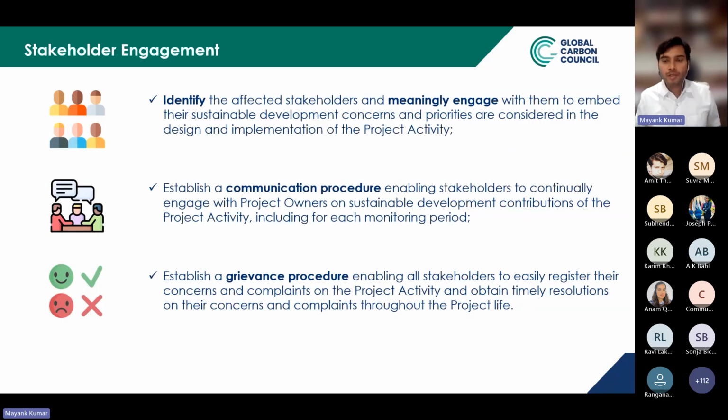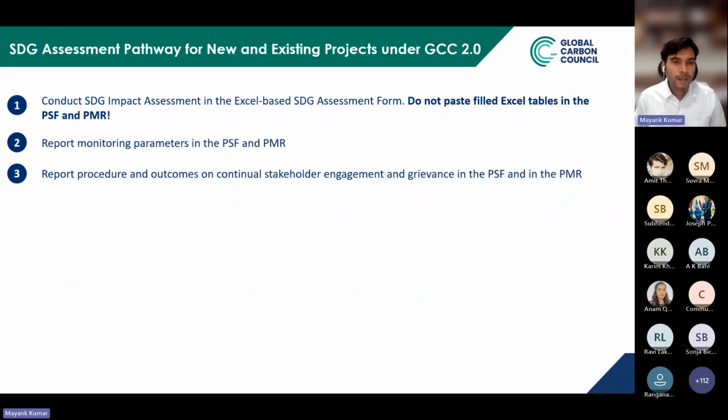And the stakeholder requirements are more or less the same as we have discussed for the environmental and social safeguards. So net, the pathway for SDG assessment: you should start with the SDG impact assessment form in Excel. You identify the positive impact, start filling the outcome and impact of the project activity, identify the legal requirement, decide the indicator to be monitored, and calculate the SDG impact.